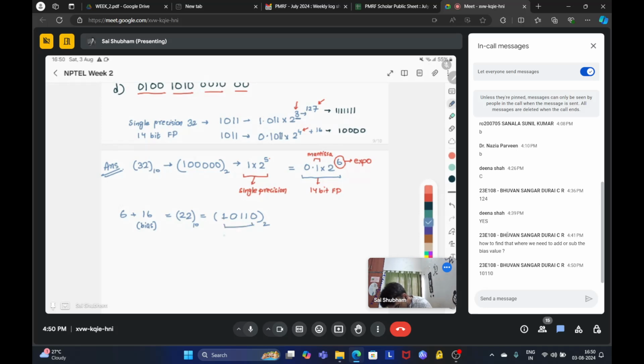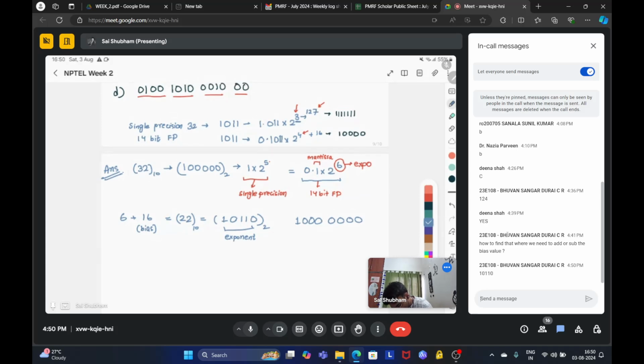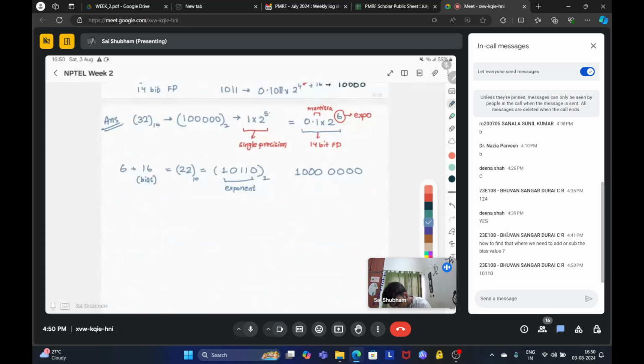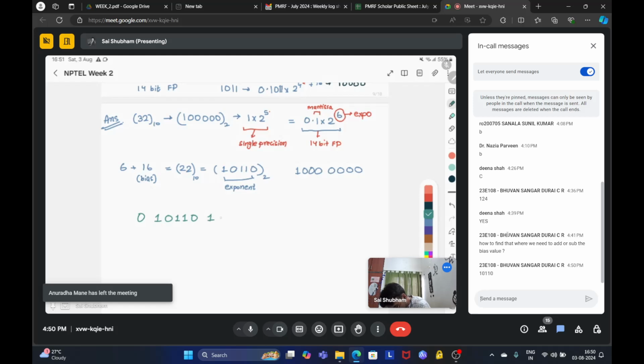So this is your exponent part. Your mantissa part will be 1 0 0 0 0 0 0 0. This number is positive, so we have the final answer as 0 1 0 1 1 0 1.